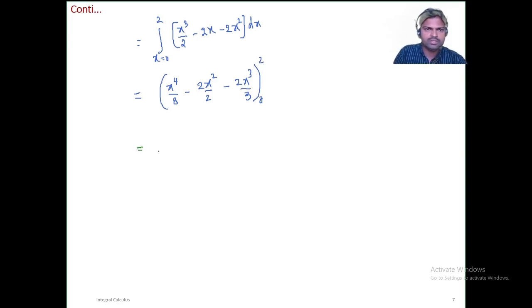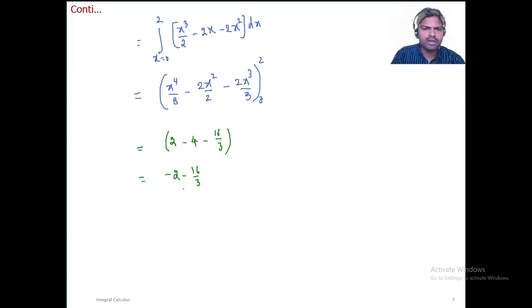Substitute the limits: 2 to the 4 is 16, 16 by 8 is 2, minus 2 to cancel out, x square means 4, minus 2 into 2 cubed, 8 into 2 is 16 by 3. Simplify this one, so minus 2 minus 16 upon 3.